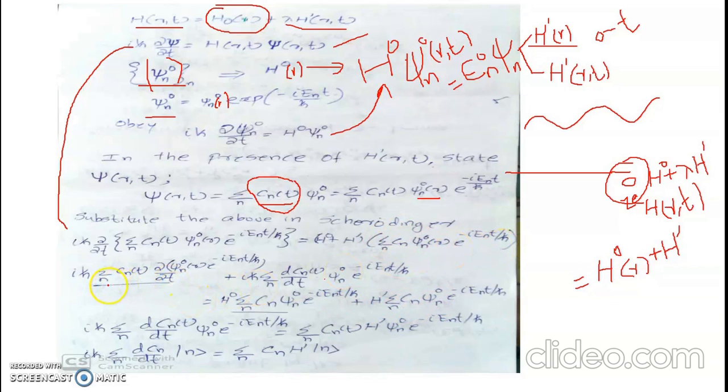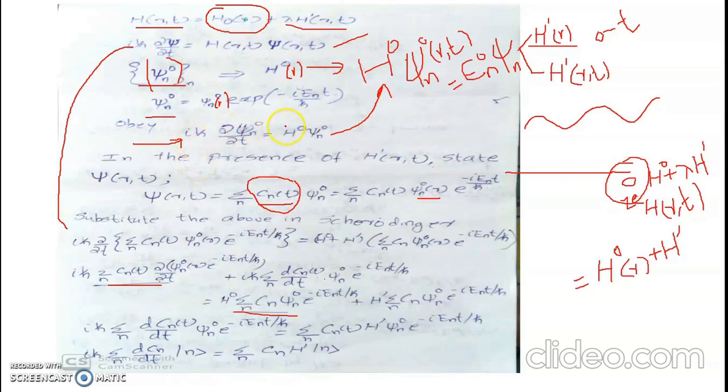Now you look at this term and this term on the right side, which I have now underlined. This is nothing other than the Schrodinger's equation obeyed by the unperturbed system: iħ ∂ψn0/∂t = H0 ψn0. So you can cancel them in this equation. Or mathematically, let me subtract this equation from this one.